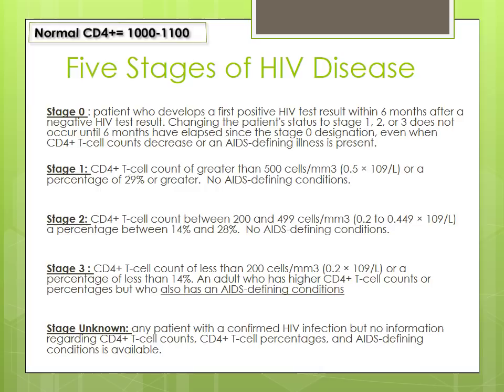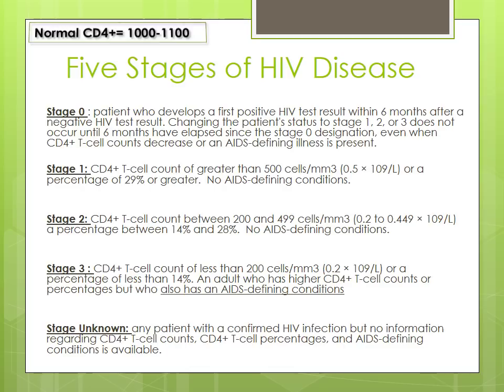But let's talk about the stages. An adult with HIV, know that they can transmit the virus to anyone at any stage of the disease. But right away, the viral load is really high as it enters the body and it's replicating quickly. And then at the end, stage 3, without drug therapy, the viral load is super high as well.